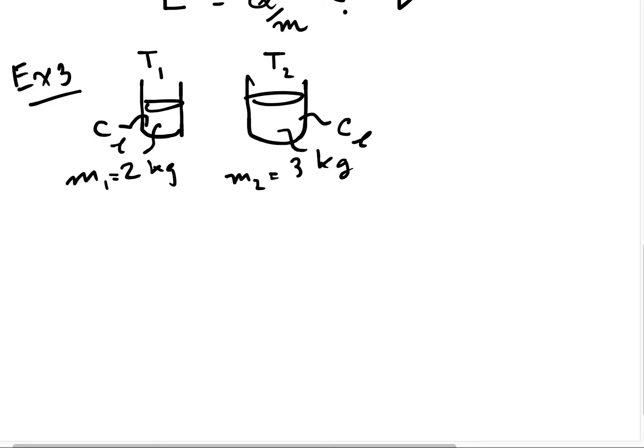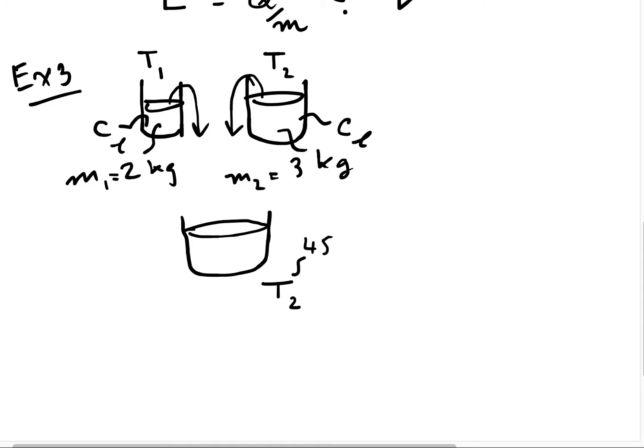Okay, so then if you try to mix together the water from these two containers, what happens is the temperature T2, which is 45 degrees, is larger than T1, 25 degrees. The heat will be transferred from T2 to T1.